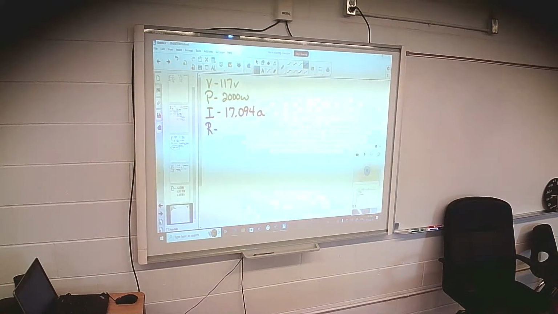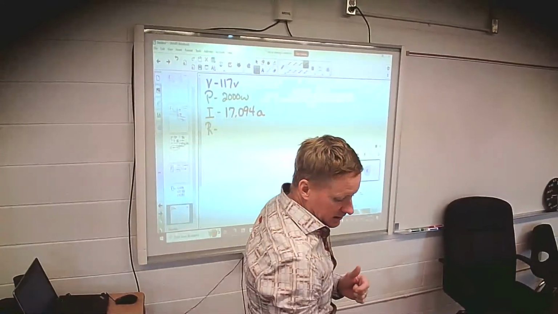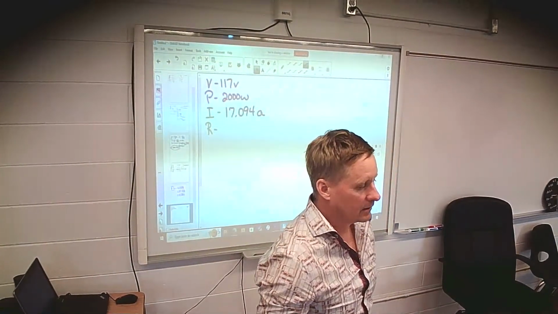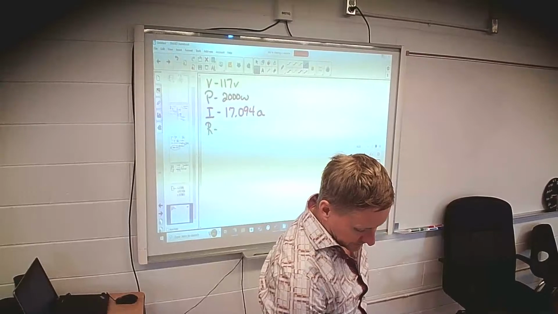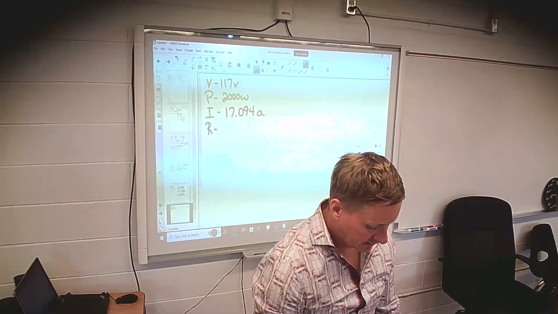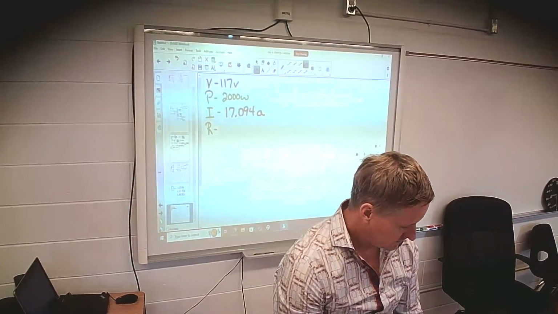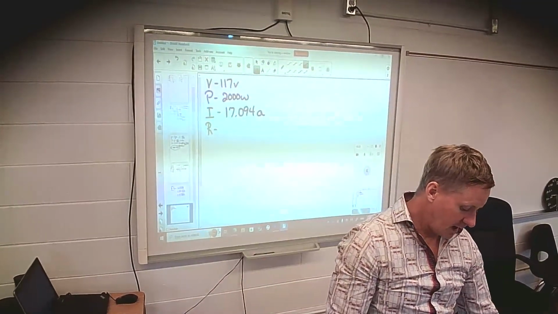Then you're wrong. Then I'm wrong a second time, right? So why don't we, what is the relationship between P, V, and R? Look at your formulas. P, V, and R. P equals I squared. I don't want the I part.